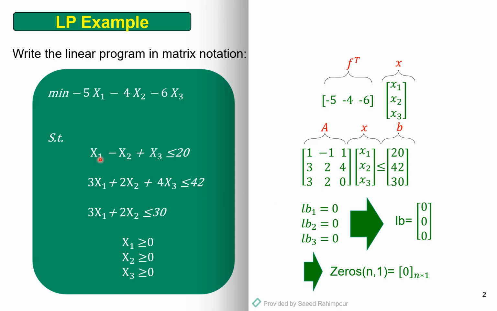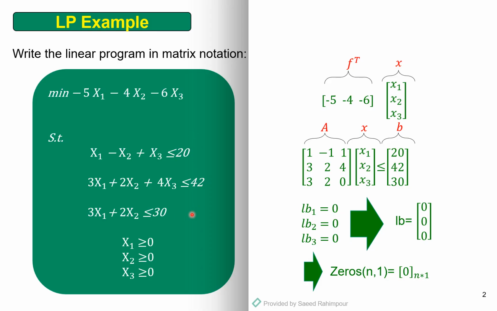As can be seen, the first three rows of the constraints can be considered as non-equality constraints. Therefore, one matrix we will call A, which shows the coefficients of the variables from the left side of the constraint, and then we have our variables as x, and on the right side we define b.